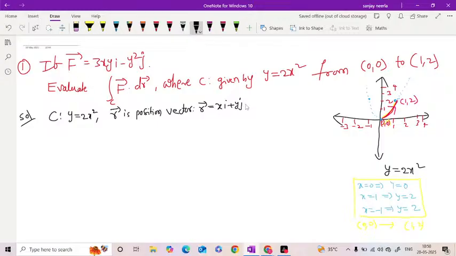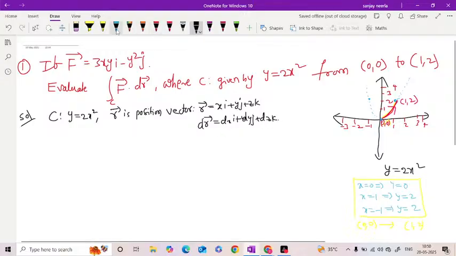We could add zk also, but no need, because here there is no z. And what is dr? dr is equal to dx i plus dy j plus dz k.